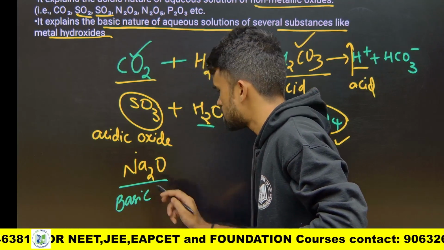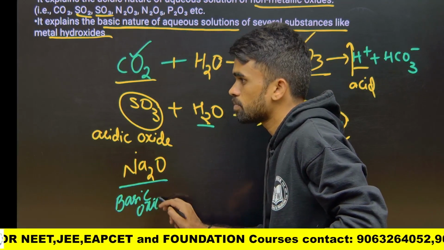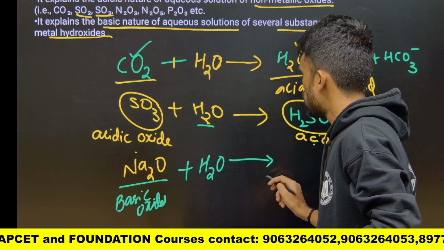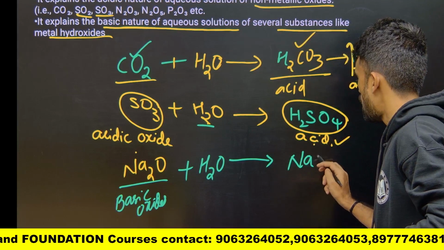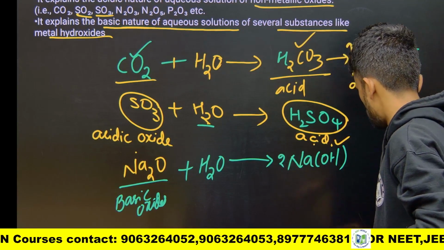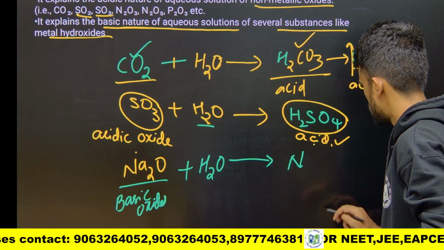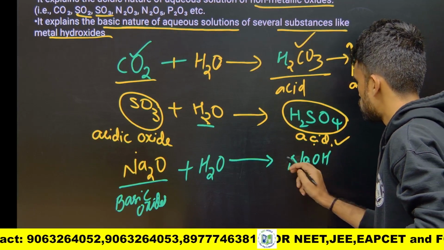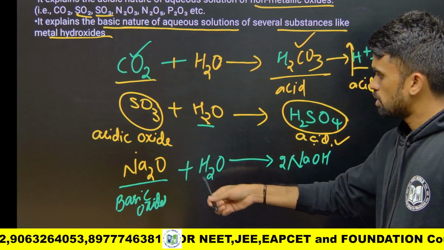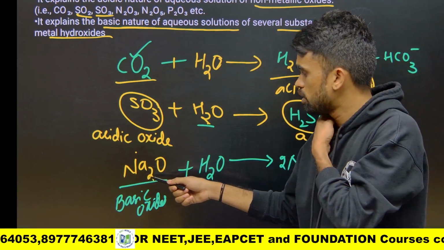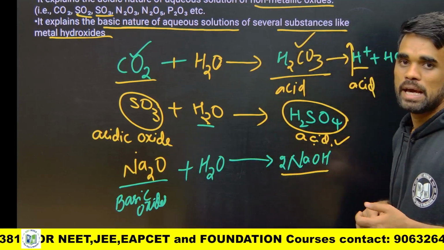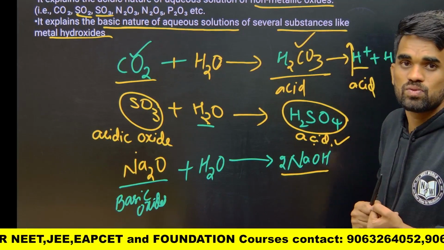Basic oxides upon hydrolysis form bases, hydroxides, like this. See, 2 NaOH. So this is what we got from the solution. We added Na2O to water, so that resultant solution is a basic solution. Sodium hydroxide is formed.